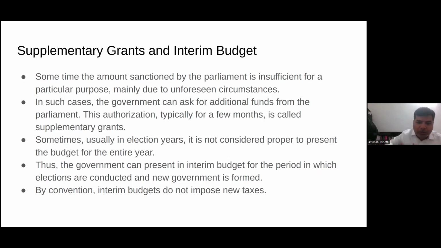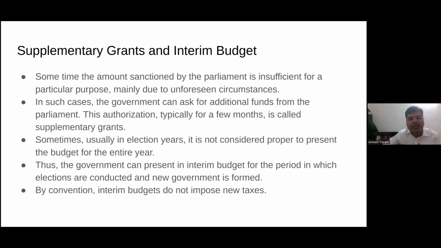There will be one government before the election is done, and there will be another government after the election is completed. Because there are going to be two different governments in a single financial year, it is not considered proper, it is not considered legitimate for the government before the election to present a budget for the entire year. Okay, so what happens?